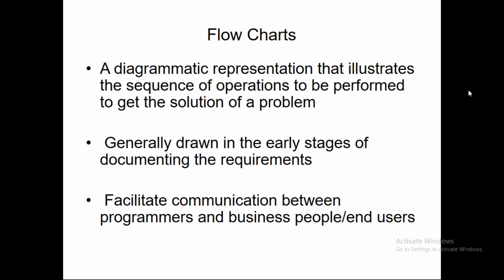It facilitates communication between the programmers, business people, and the end users of the system. So the flow chart is just a diagrammatic representation, useful for illustrating the sequence of activities that would be performed to get the solution of a problem.